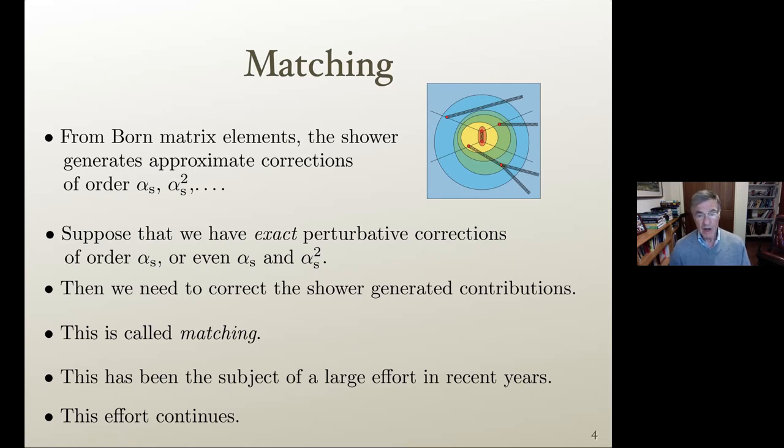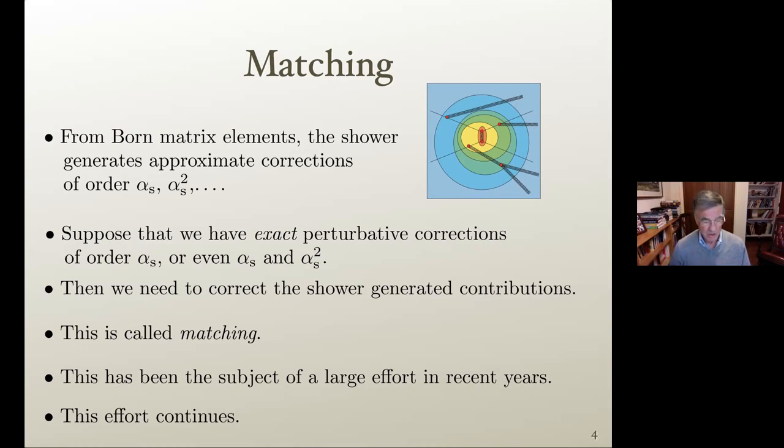And suppose that you have exact perturbative corrections for a particular hard scattering cross-section, let's say jet production, at order alpha s or even 2 orders of alpha s. If you have those exactly, then the shower is doing it wrong, and you have to get rid of the shower approximation for those first 2 orders and put in the exact calculation. And that's what you call matching.